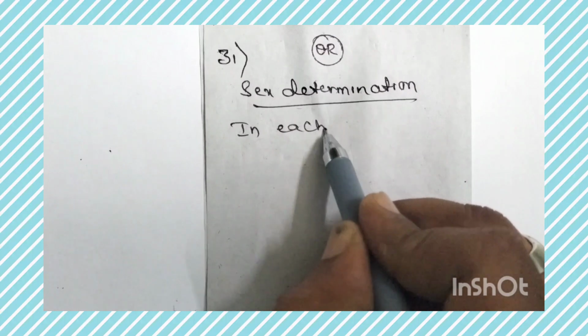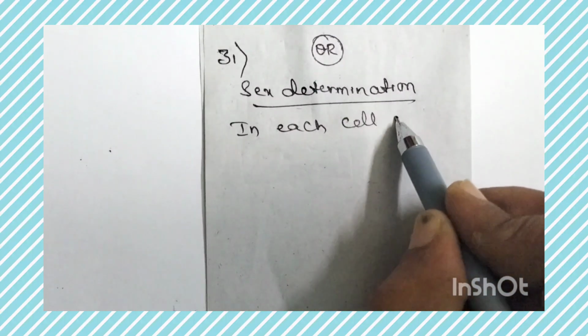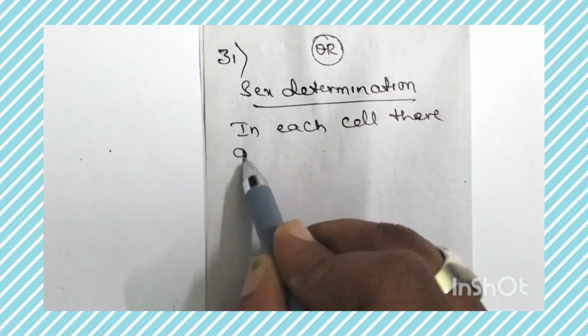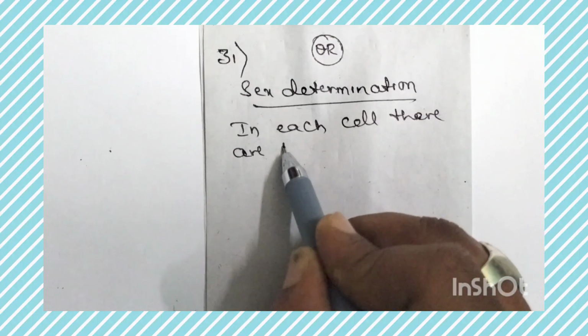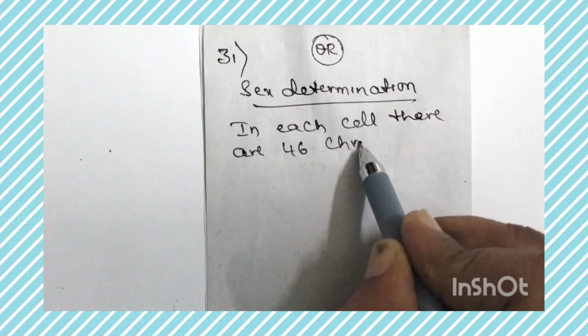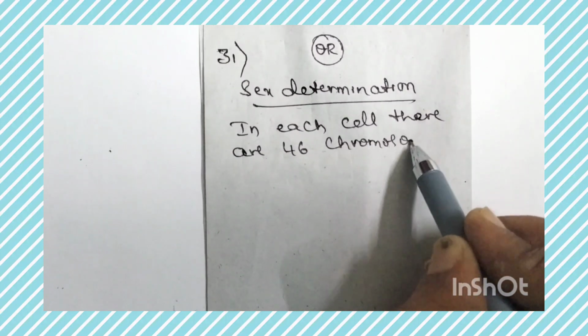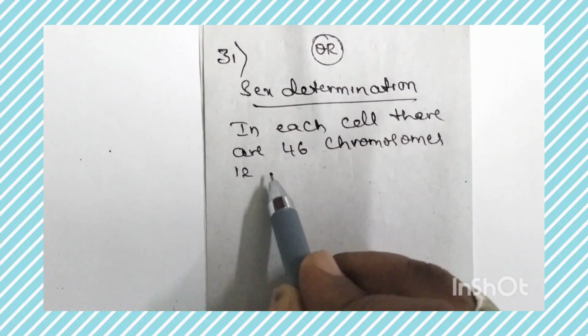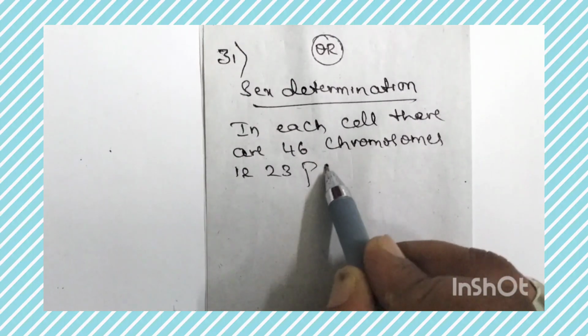In each cell there are 46 chromosomes. In each cell, how many chromosomes are there? 46 chromosomes. That is 23 pairs.